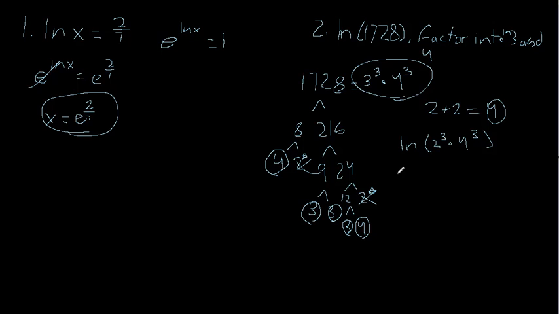And with this, using our log properties, we can first split this up into natural log of 3 to the 3rd power plus natural log of 4 to the 3rd power. Then we can move our exponent to the front with the power property, or whatever it's called, and then we can do the same thing over here.